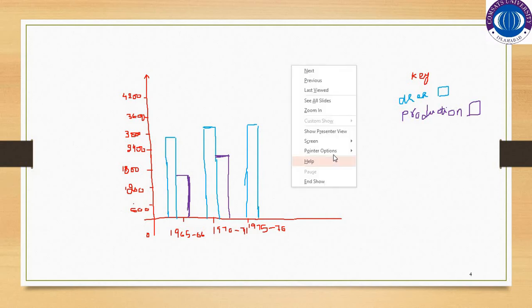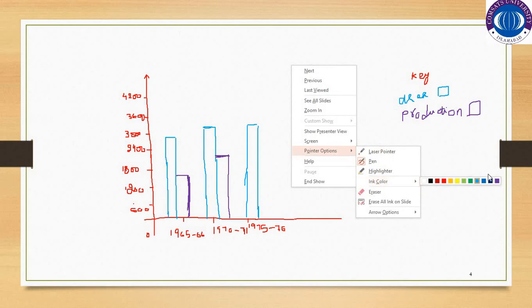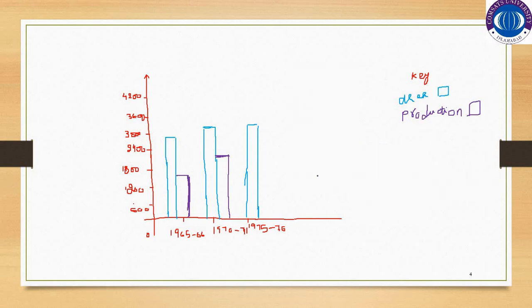And for production, it is 1937. It would be somewhere here. So now the multiple bar chart is constructed. This blue color is representing the area, and this purple color is representing the production. So this is a multiple bar chart.